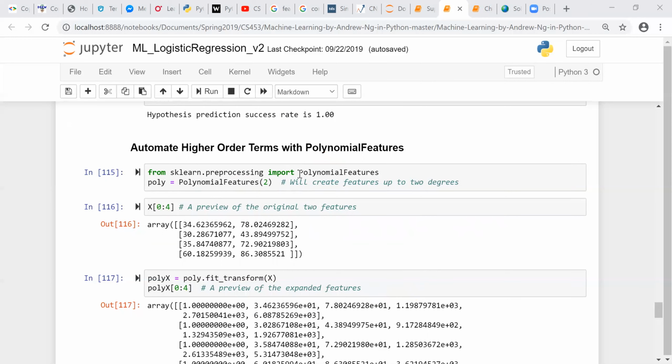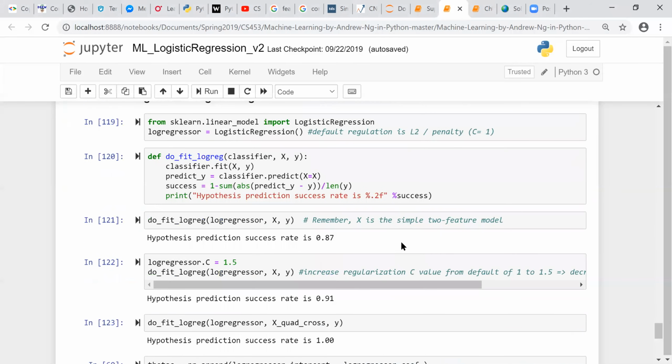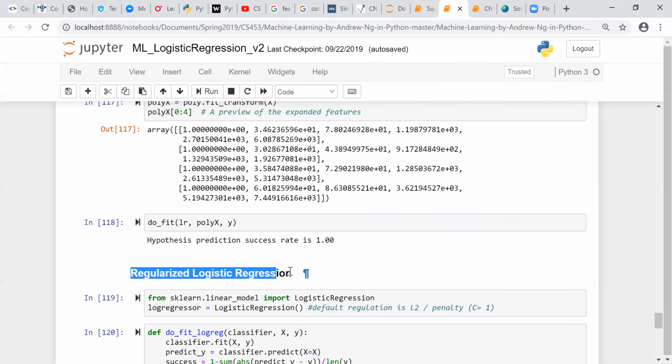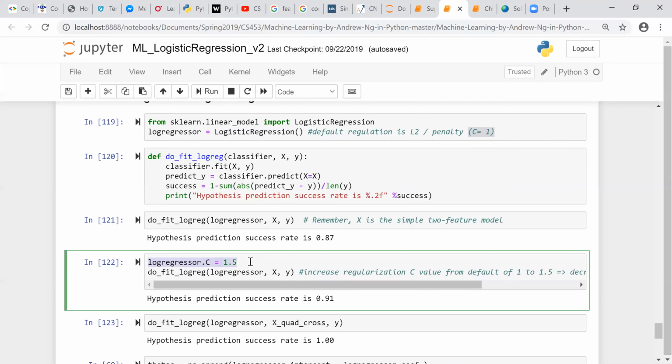So you don't need to write your own polynomial; you can directly call PolynomialFeatures. Over here it also shows how we do regularized logistic regression. You just adjust the C value. By default, the first one, C is 1, and then later I change it to 1.5.